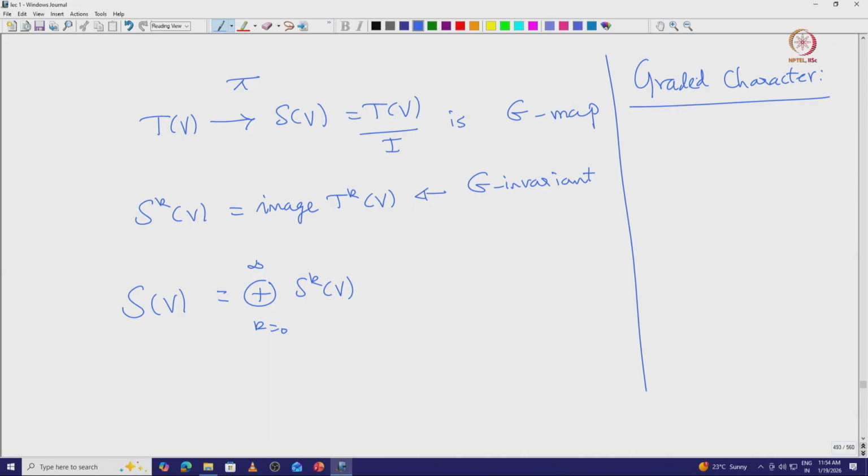We take this graded infinite dimensional representation, let us call it V, with grading given by the non-negative integers. You write V as the direct sum of V_k, where k ranges from 0 to infinity, such that each V_k is also a G representation.